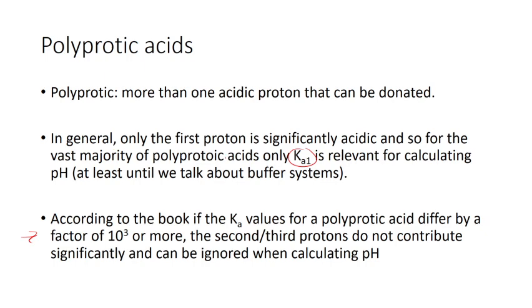And like I said, for the vast majority of polyprotic acids, they differ by a factor of 10 to the third or more, meaning that we don't care about that second proton or third proton that is coming off the polyprotic acid. So, right, we can ignore our Ka values except for Ka1 in most instances until we start talking about buffer systems, in which case we're going to be more concerned with Kas that are not Ka1. But we'll get there when we get there.